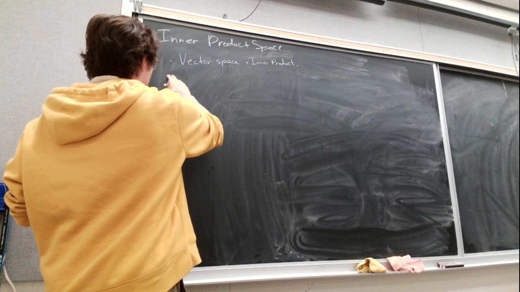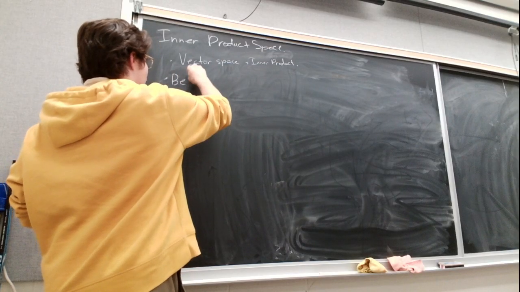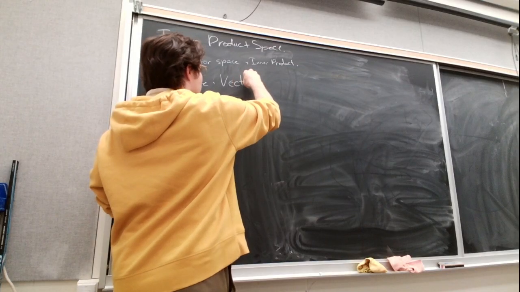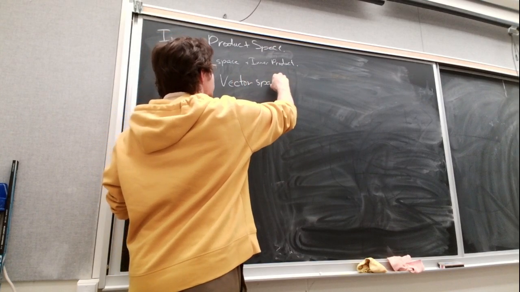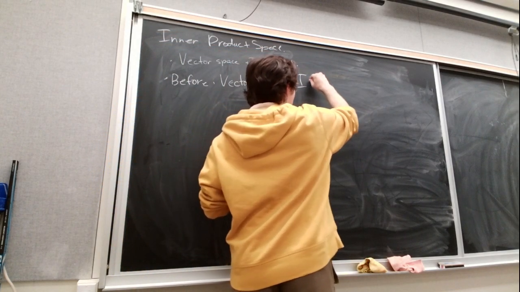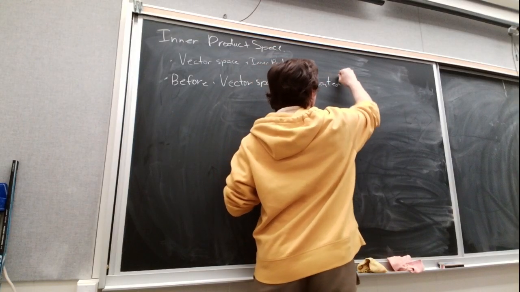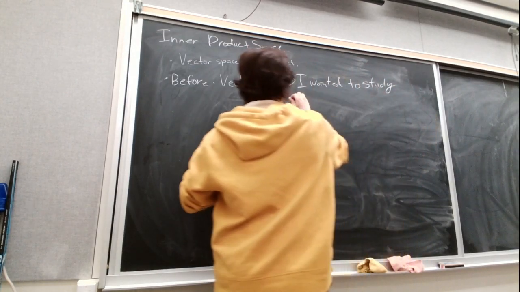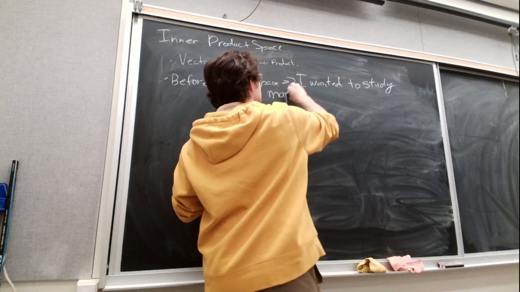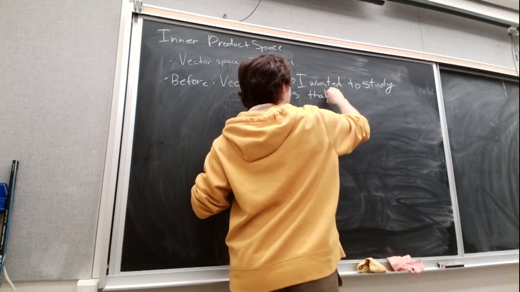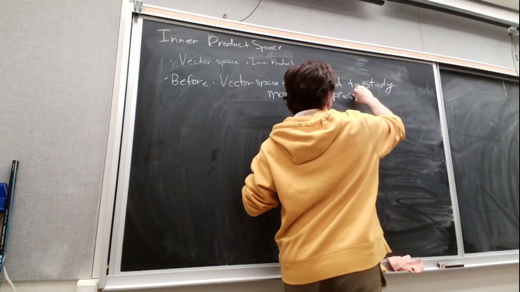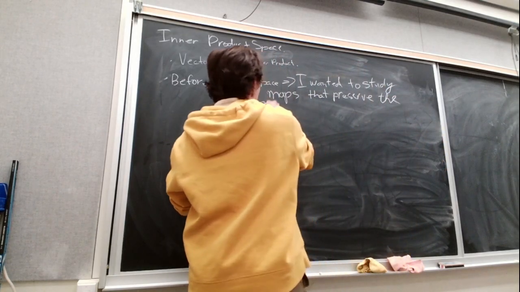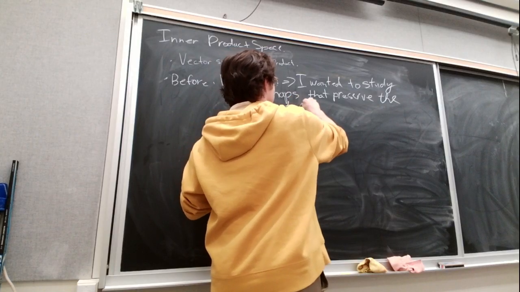So I wanted to look at linear maps. So before, kind of without the inner product, I had a vector space. And therefore, I wanted to study maps that preserve the vector space structure.